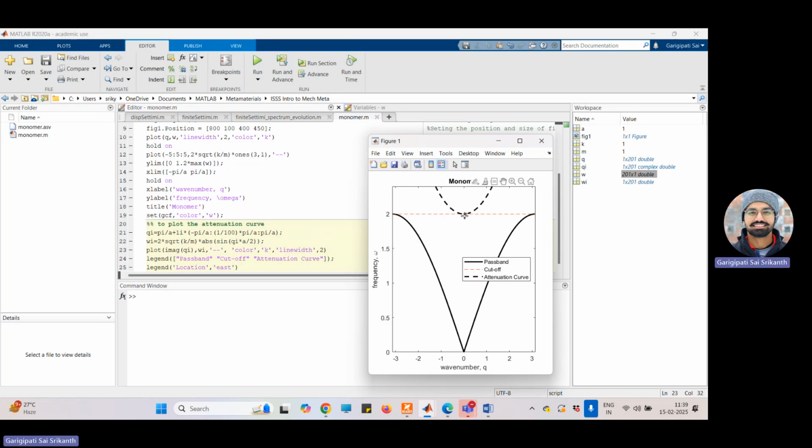And then once the band gap starts, beta starts from zero and then it increases. So in a sense, both alpha and beta are continuous along the frequency axis.